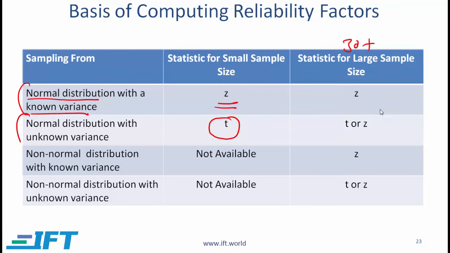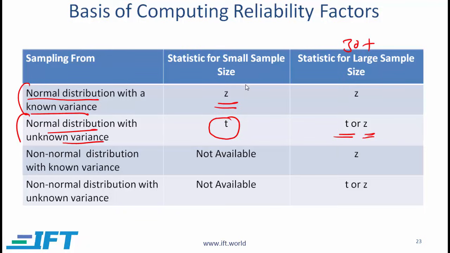If you have a large sample size and this situation, normal distribution, unknown variance, the theoretically appropriate statistic to use is the T statistic, but you can also use the Z statistic. For a non-normal distribution with known variance, you cannot make a statistical inference if you have a small sample size.